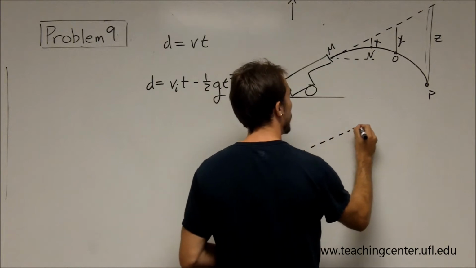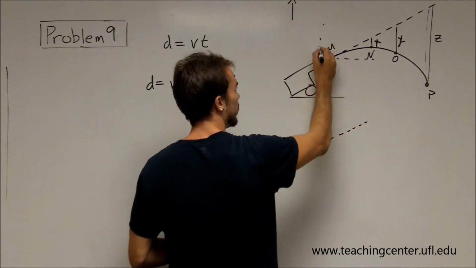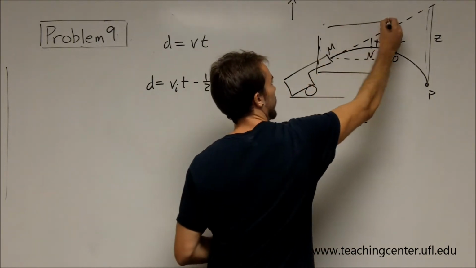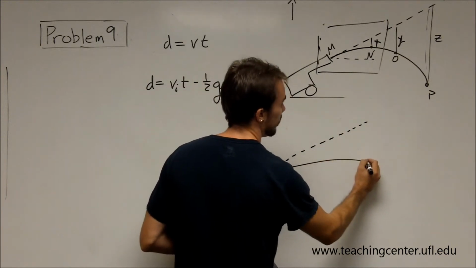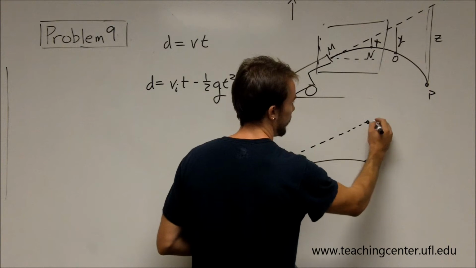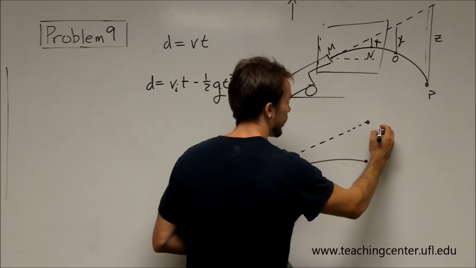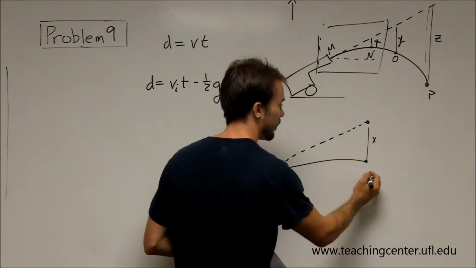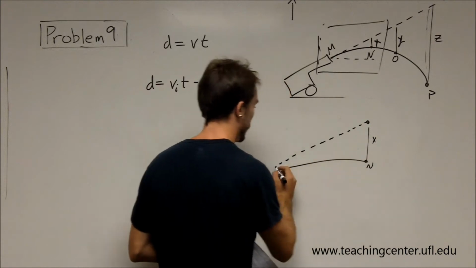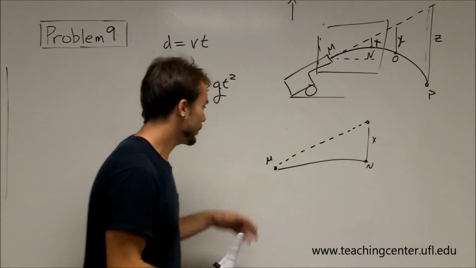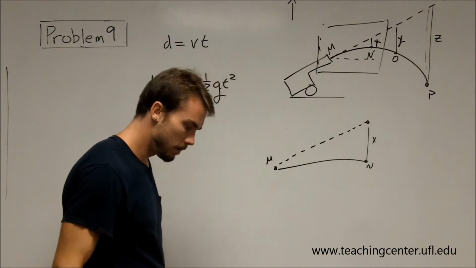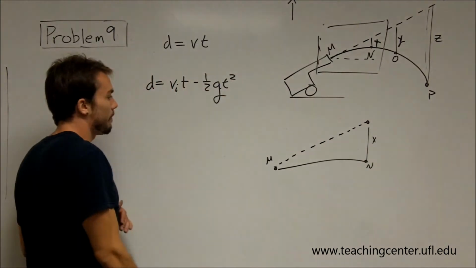So I'm going to zoom in to just this part of the problem. Here's X, here's N, here's M. What's happening here?